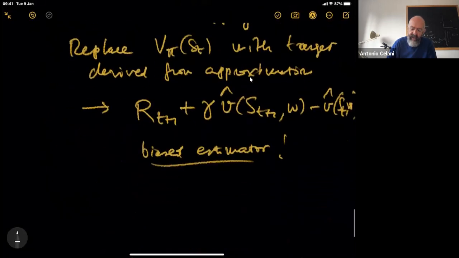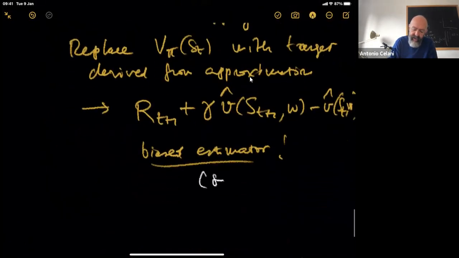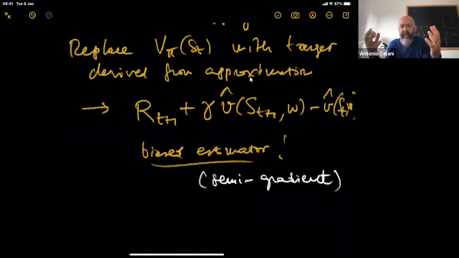So this kind of approach is also called a semi-gradient. So if you encounter the name, this means that we are deforming our estimate of the gradient using bootstrapping. Fine.